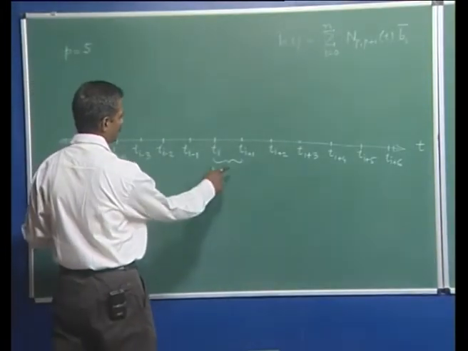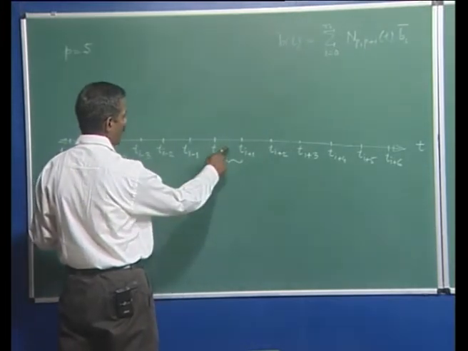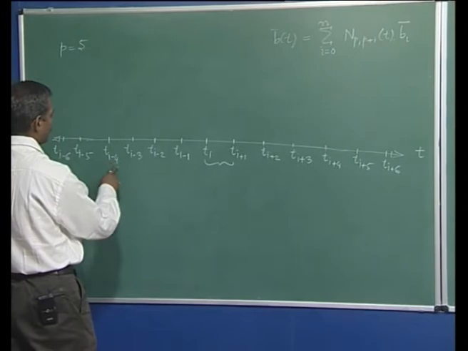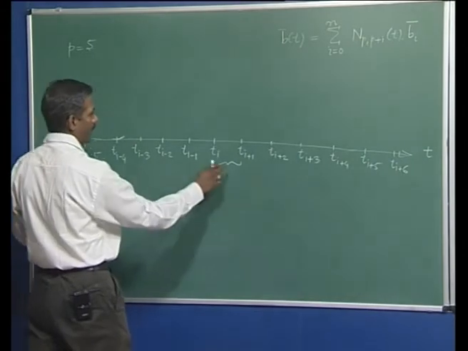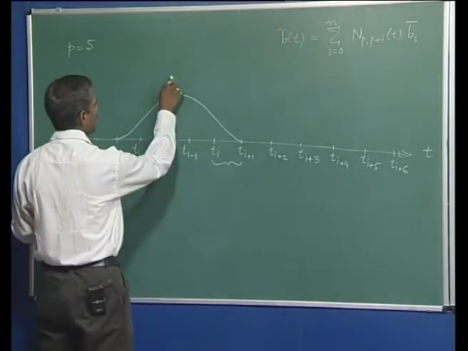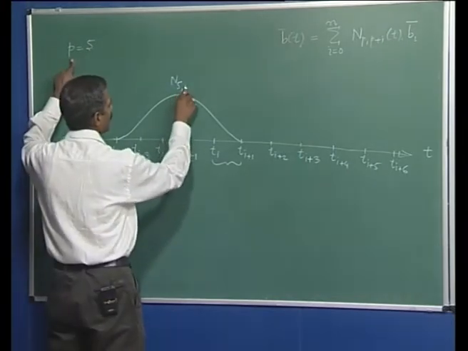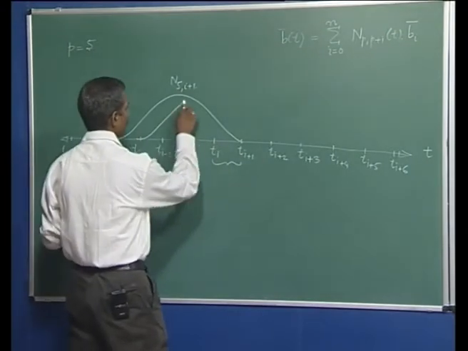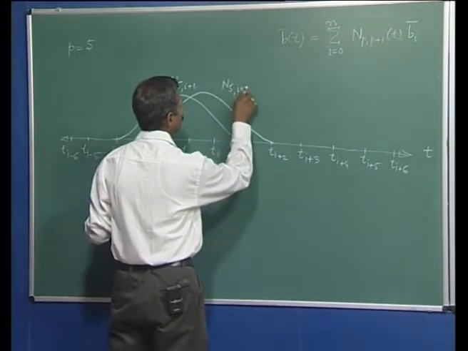The first B-spline basis function of order 5 will be standing on 1, 2, 3, 4, 5 knot spans. It will be starting from t_{i-4}. I'll have to be careful with the continuity conditions here, and it will be ending at t_{i+1}. This is N_{5,i+1}. The second one, similarly, will be N_{5,i+2}.